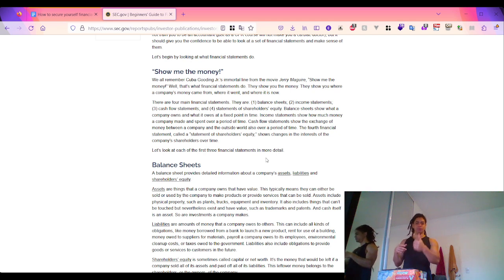Bank loans, lines of credit, a ceiling provided to companies for asking for credit or loans.